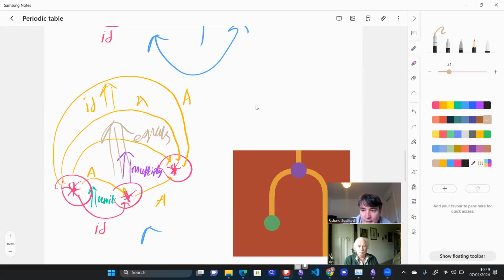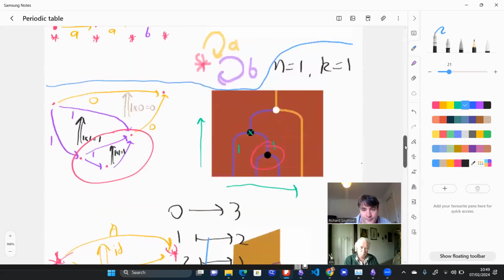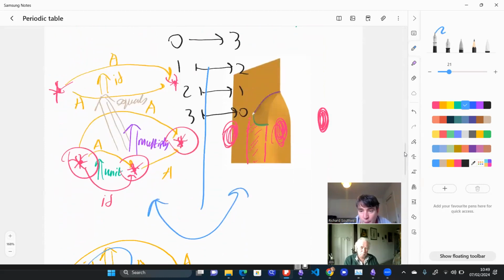And so what we're saying here is that this composition here, which is this stuff here, is equal to the stuff on the back of that 3D picture, which is this. So in other words, equals is declaring that this stuff on the front is connected to this stuff on the back. And so that equals is like this 3-cell here that goes like that.